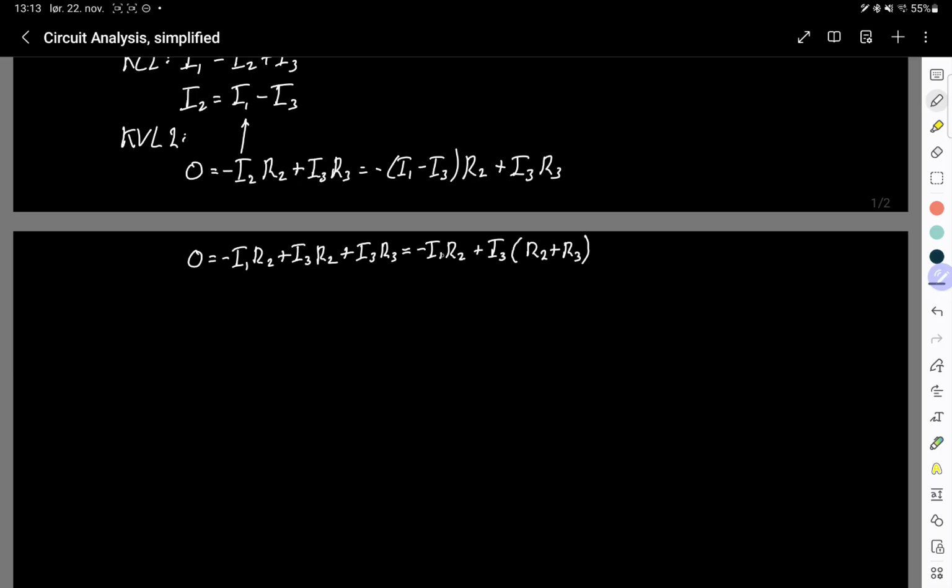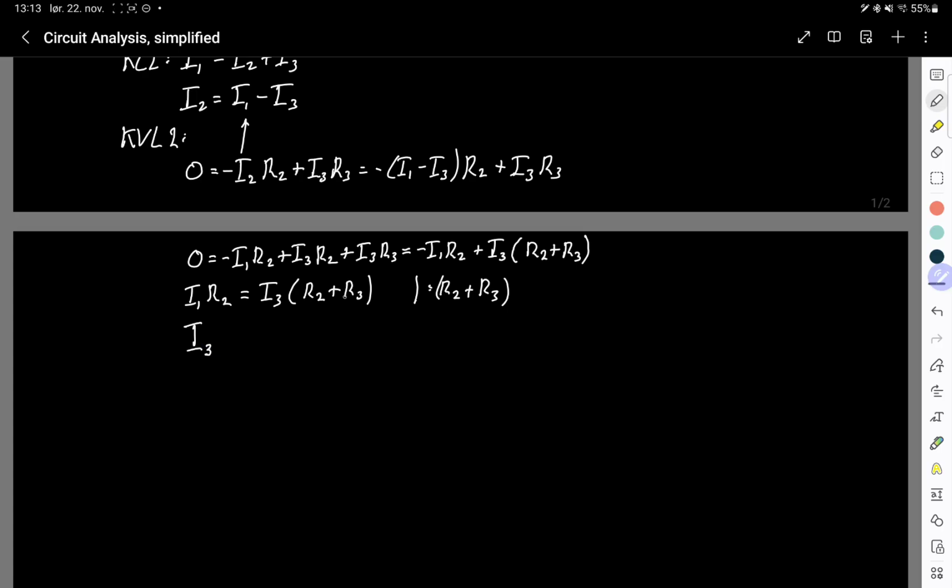Okay, then we'll move this to the other side. We've got I1 R2 equals I3 times R2 plus R3. We'll just divide quickly by R2 plus R3, just to move this over so we can solve for I3.